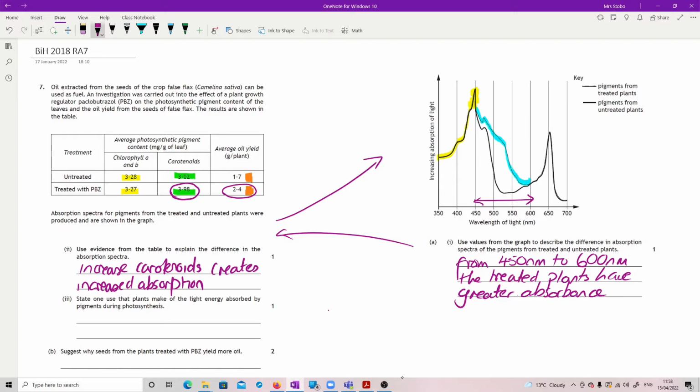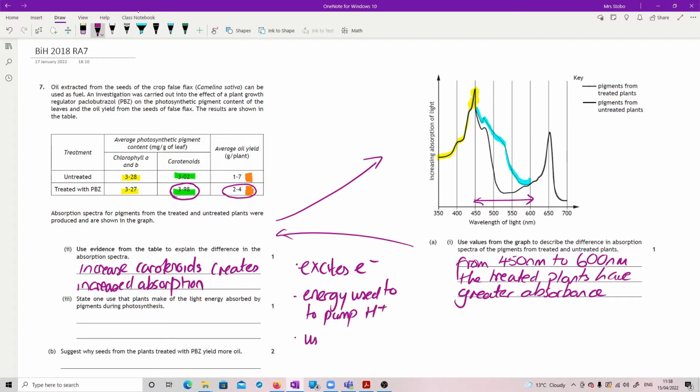State one use that plants make of the light energy absorbed by pigments during photosynthesis. It's worth 1 mark. Really that could be a huge question, definitely an extended answer. So what we're looking for, you could either say that it excites electrons. Or that the energy is used to pump hydrogen ions in the electron transport chain.